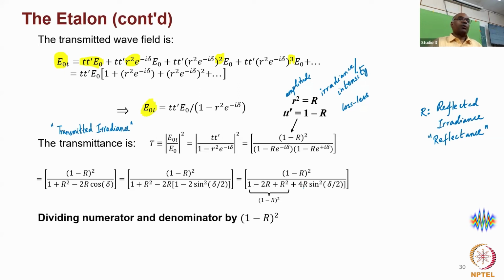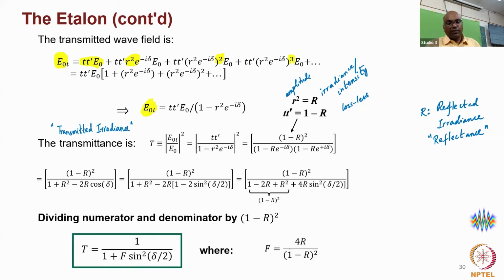Now this leads us to a very elegant expression. If I divide the numerator and denominator by 1 minus R the whole squared and set 4R by 1 minus R squared to a quantity F, so F is equal to 4R by 1 minus R squared, then I can write down the transmittance in terms of just two quantities or numbers.